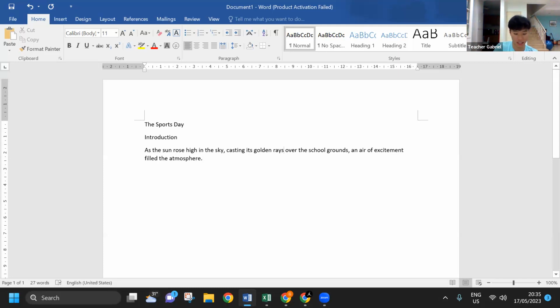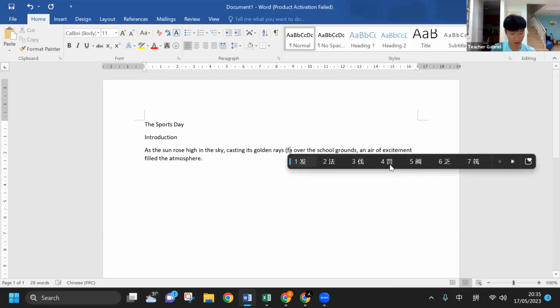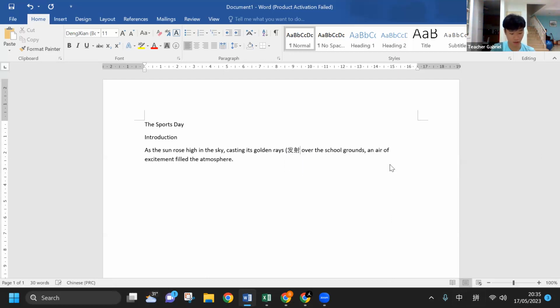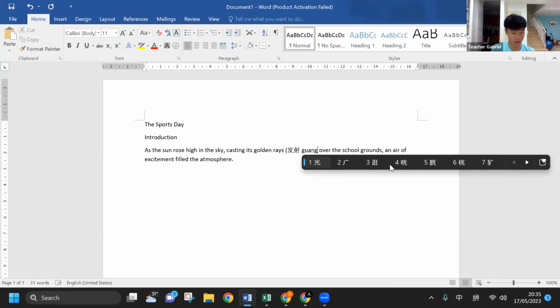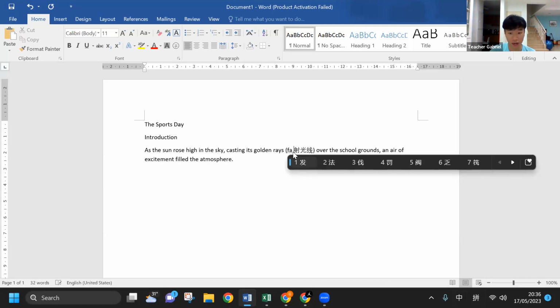Okay, what is casting its golden rays? Casting its golden rays in Chinese is, I think, 发射光线, right? I translated myself with 发射, 光线. I'm not sure if this is the right character or another one.